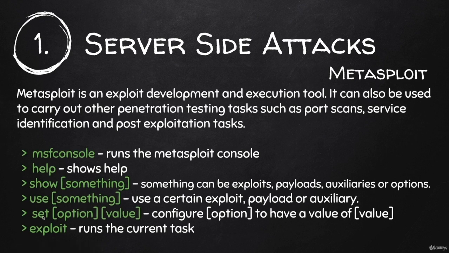For example, if you wanted to set the IP address of your target, you set the IP and then put the value of the IP that you want to set it to. And then at the end, once you finish configuring your exploit, you can type in exploit to execute that exploit. Now, I know this might look a bit vague, but once I use it, it's going to become very clear to you. And we're going to be using these commands a lot, so they're going to become very easy and simple to use.